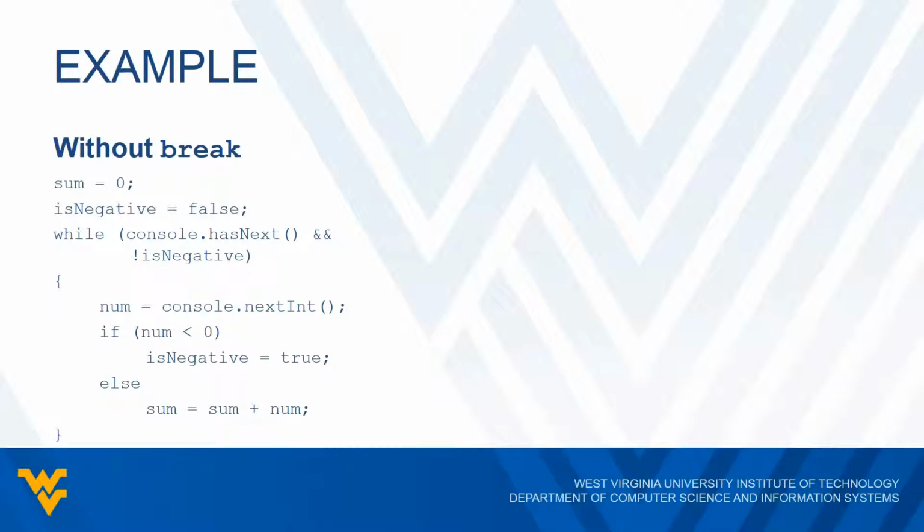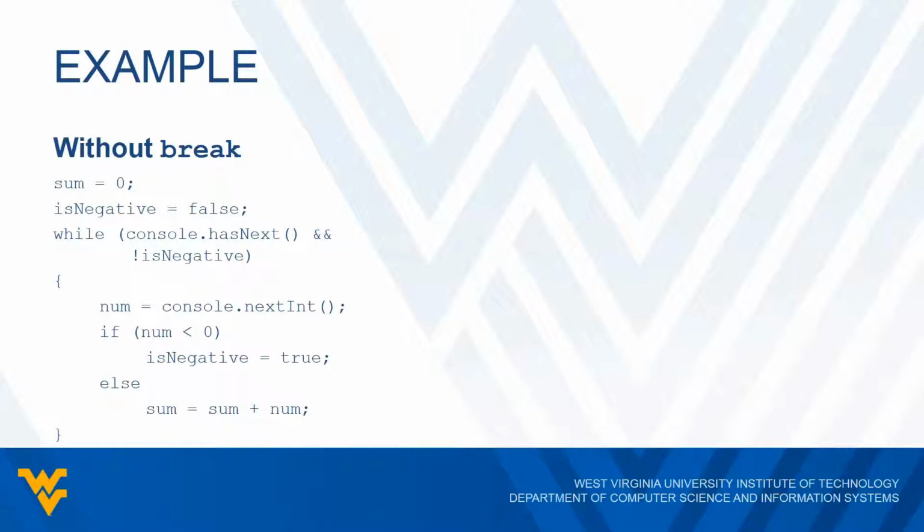So here's some code where we do not use a break statement. In this case, we're going to be reading values from a file and adding them up. We're going to keep reading as long as we don't get a negative number. So in our while loop, we check that there's still something to read in the file and the value is not negative, using a Boolean variable to keep track of whether something's negative or not.